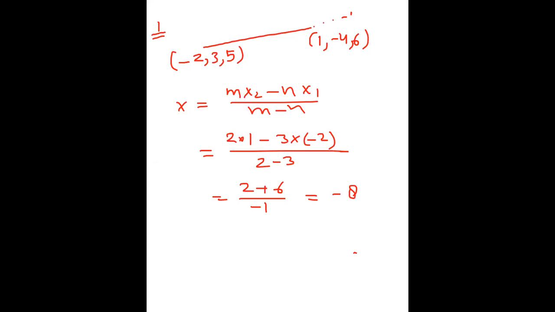The same we need to do for the y coordinate, and the same we will do for the z coordinate. So for the y coordinate now I am going. The y coordinate will be m, that is 2, it is given as 2:3. y2 means minus 4, n is 3, y1 is 3, upon m minus n, that is 2 minus 3.